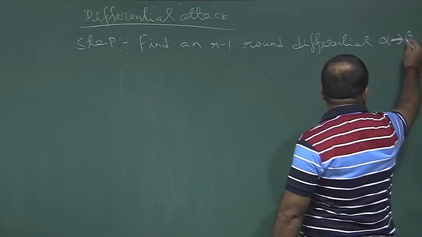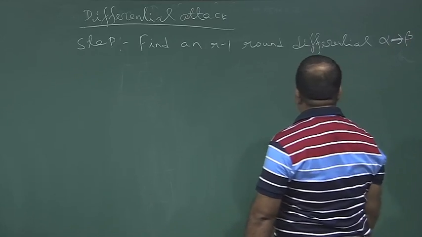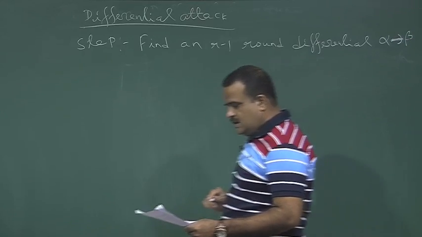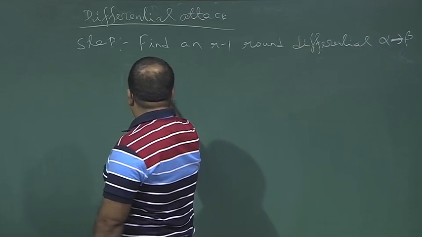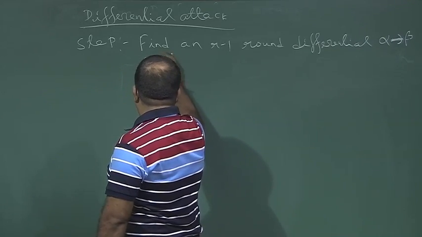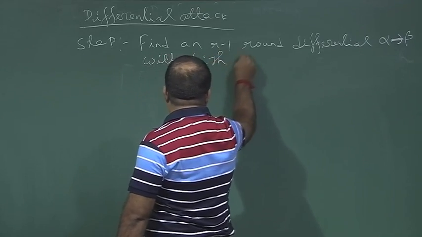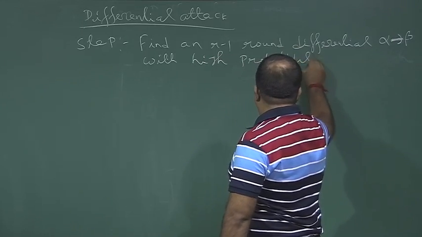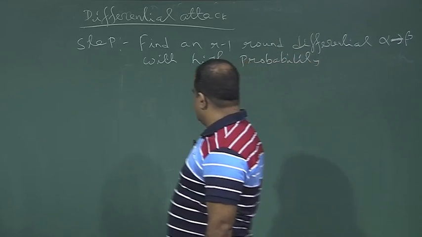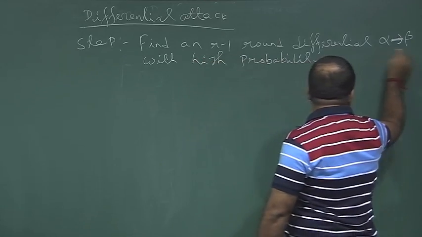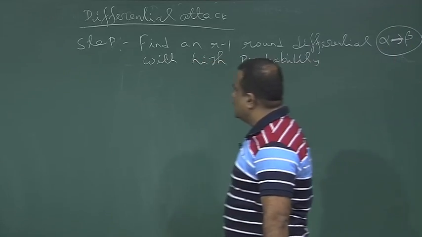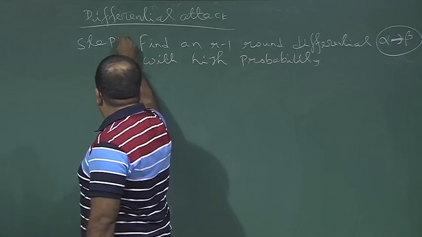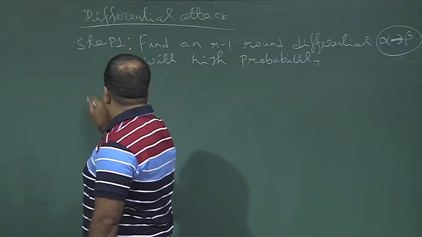That means if the input difference is alpha, then the output difference will be beta in F with high probability. We need this alpha beta, otherwise the differential attack cannot work.